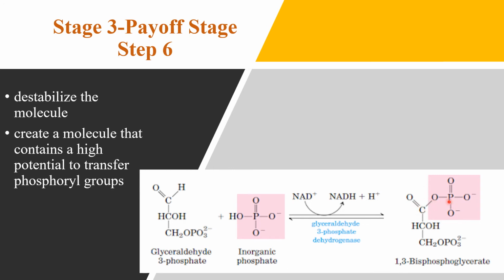And so now we have these two phosphate groups, this one here and this one right here, on this molecule. So one on the first position and one on the third position. And that is why this molecule is essentially a molecule that has a higher potential to actually transfer these phosphoryl groups.